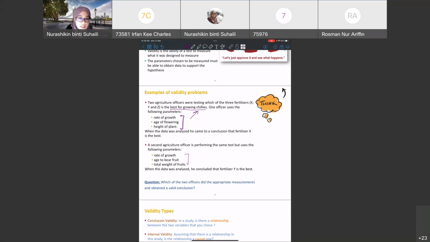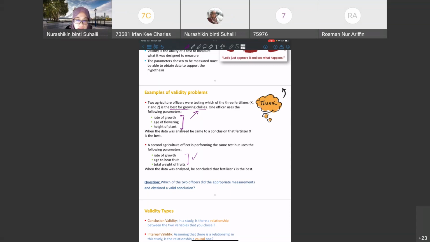Okay, maknanya contohnya, which one is actually the best here? Aku tak tahu yang mana ni. Height of plants, age of flowering, total weight of fruits. Mungkin yang ni kot yang lebih valid, because it's something to do with the chilies, the fruits. Rate of growth is the same. Age of flowering, height of plant.